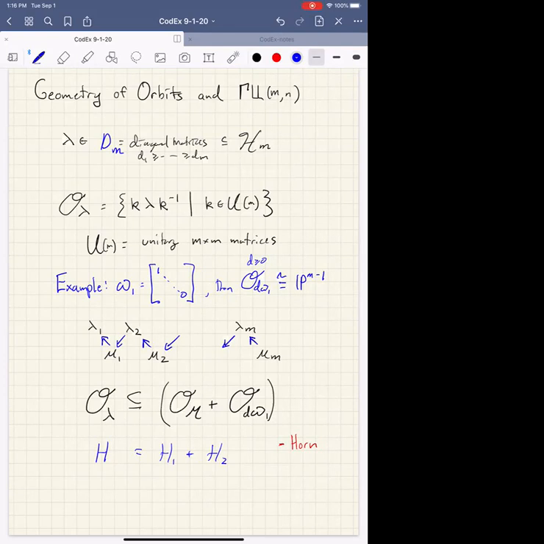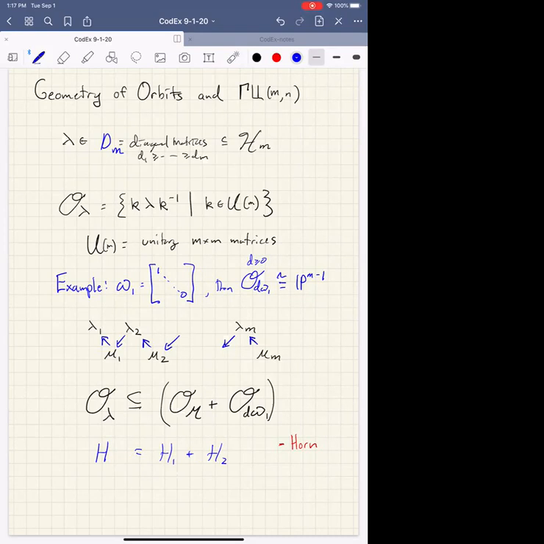And if we take a more complicated spectrum, we're going to get a so-called flag variety, which are objects of interest in algebraic geometry and symplectic geometry. And in symplectic geometry, these are also known as coadjoint orbits, and they come equipped with a very nice specific symplectic structure that's inherited from a Poisson form on the Hermitian matrices.